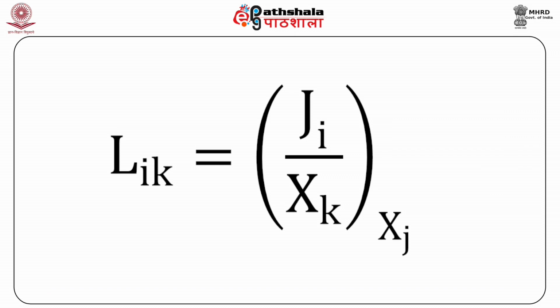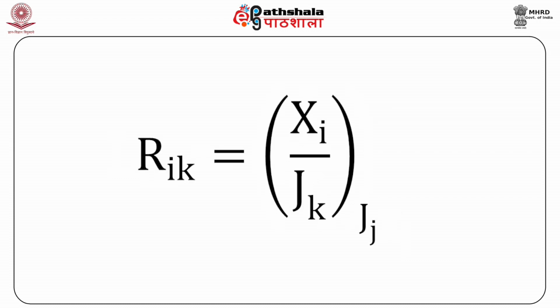The coefficient Lik is equal to Ji upon Xk when all the values of Xj are constant, has dimension of flows per unit force and has characteristics of mobilities or conductance. The coefficient Rik is equal to Xi upon Jk when all the Jj values are constant, has dimension of force per unit flow and represents resistance or friction.